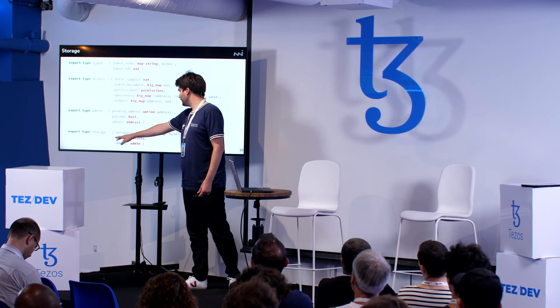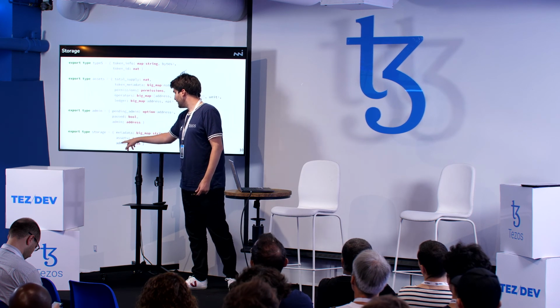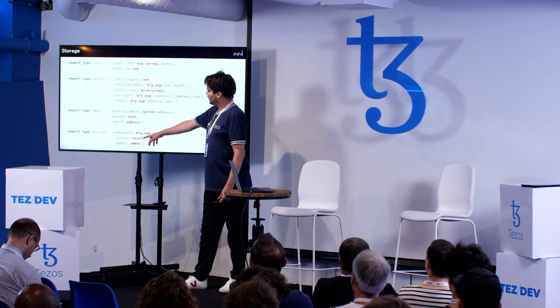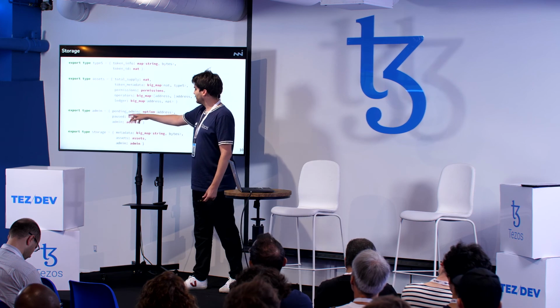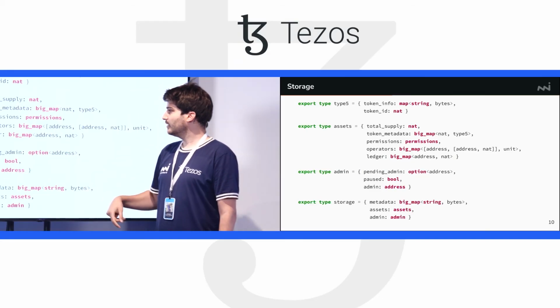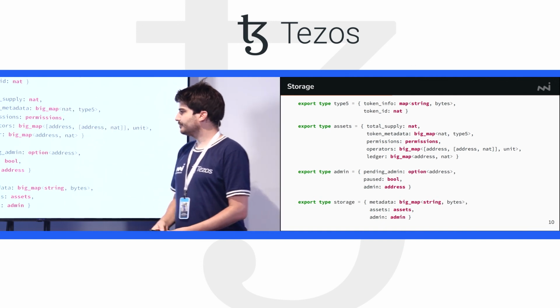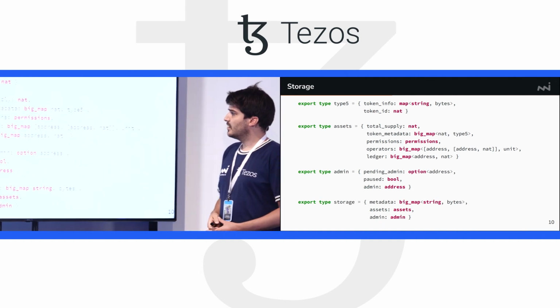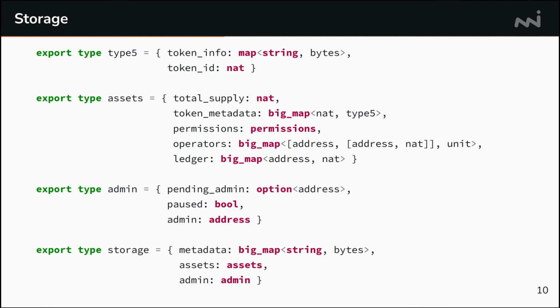So you have a nice clean record with metadata, assets, and admin. Each of these types is actually defined. Admin has a pending admin, paused, and admin field. Assets has all these fields. And all this is generated automatically for free. And the same is done in OCaml.